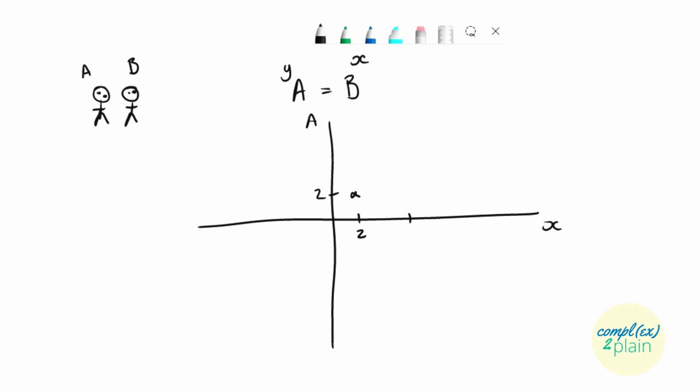When this one is 10, this one will be 10, whatever. We're actually going to get a really straight line going like this. Okay, makes sense? The coordinate pairs are literally going to run 2, 2, 10, 10, 20, 20, 11, 11, whatever. They're going to remain the same age.